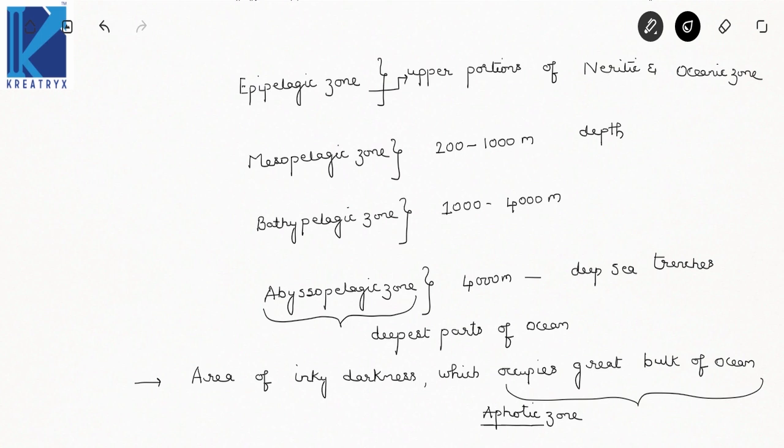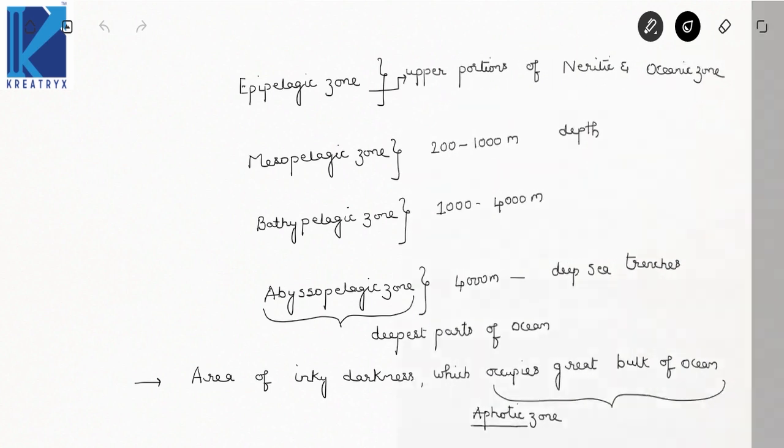Now, let us go to the next zone. Before this aphotic zone, there is a zone called the photic zone. What do you mean by photic zone? Exactly opposite to the aphotic zone. Aphotic zone is inky darkness, but the photic zone will be the illuminated region of the ocean.